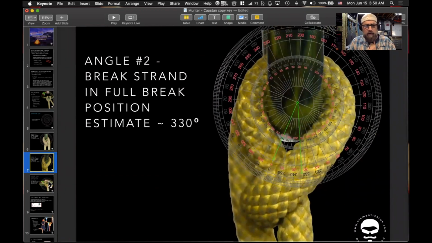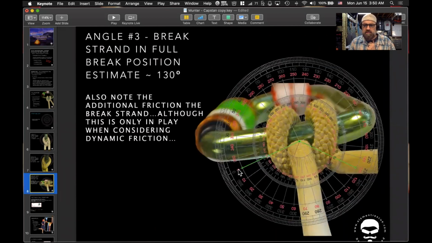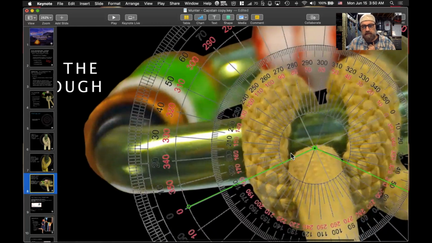Now we're looking at our final angle here, which is looking at it from underneath. The line that's coming straight towards you is that which comes from the anchor and does that large. So all we're looking at is the friction that's created with this rope running through and between the aluminum carabiner, looking at the angle of contact with the rope that comes around the bottom side of this MUNTER hitch here.